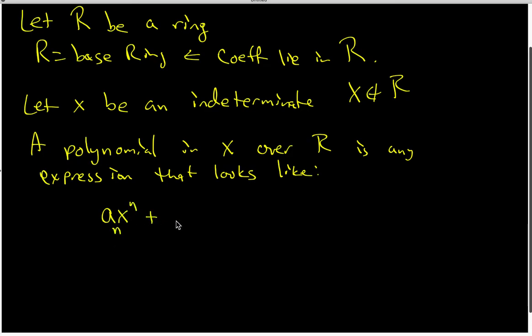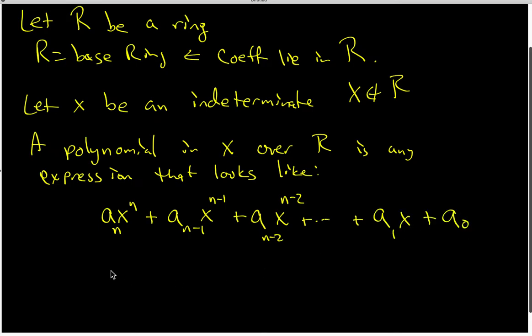a_n times x to the n, plus a_{n-1} times x to the n minus 1, plus a_{n-2} times x to the n minus 2. And you keep reducing the powers of x until you get down to a_1 times x plus a_0.